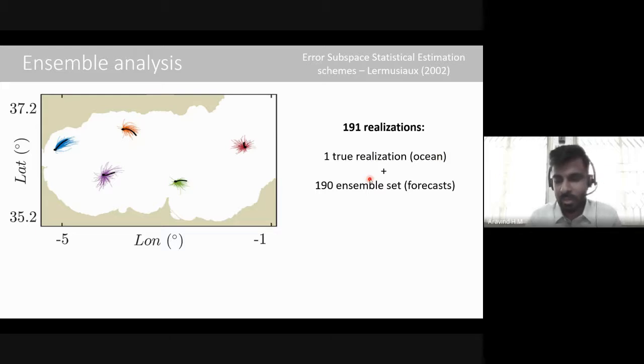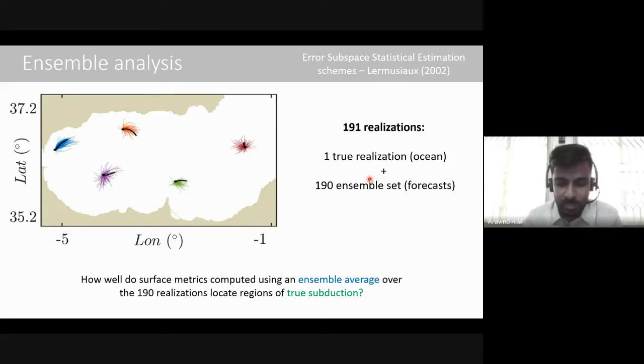So what I did to ensure that the metrics we considered are robust to noise and model parameterization was essentially see how well the surface metrics that I computed using just the ensemble set performed with respect to the subduction zones in the true realization.